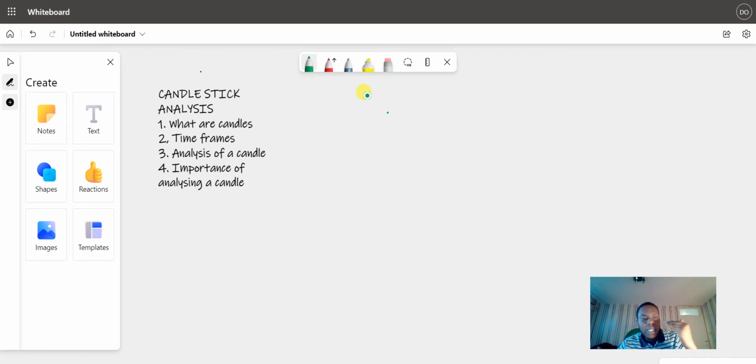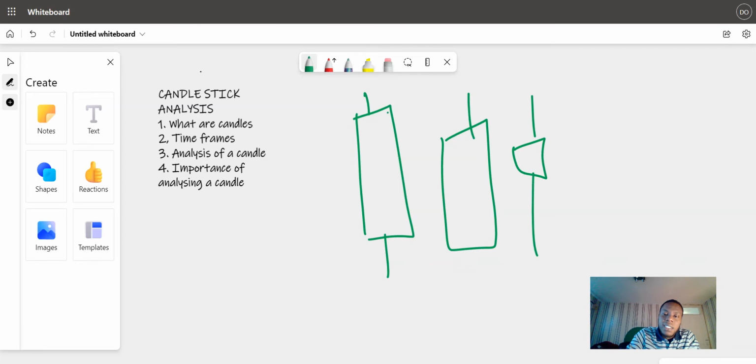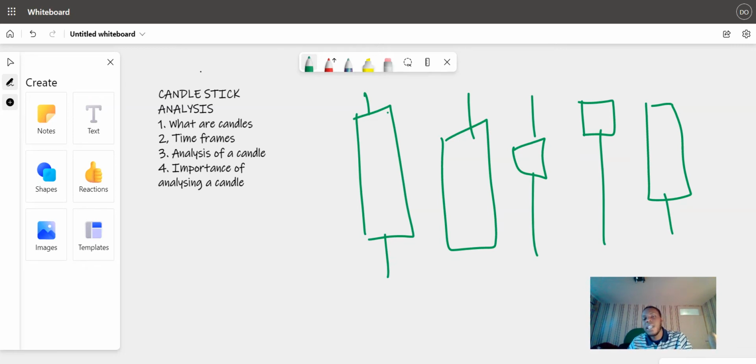So that is what candles are. It's just like a box, like the normal candle you have. So we have something like this. It can be something like this. It can be like this. We have different kinds of candles. It just depends on how it eventually was forming at that period of time.